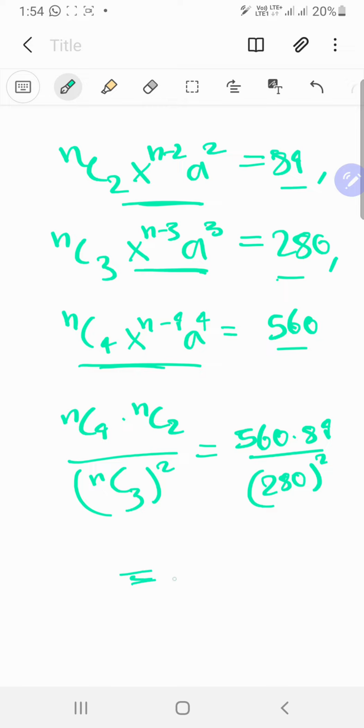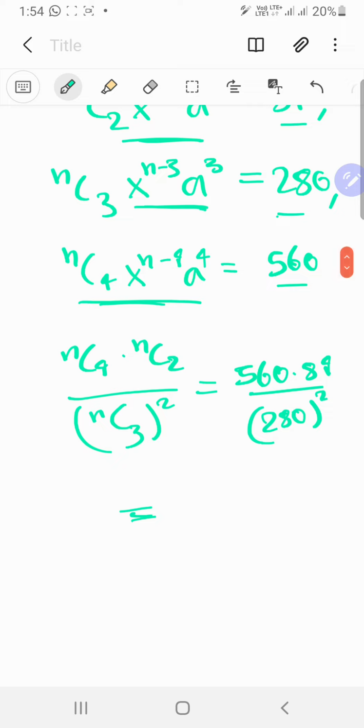So that's 560 into 84 upon 280 squared. 2 times 280 is 560, so we can use that factor. It's going to be 2 into 84 upon 280, so that's 168 upon 280. Let's just start reducing this.